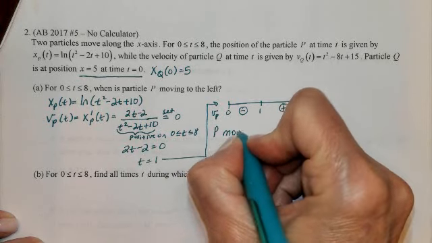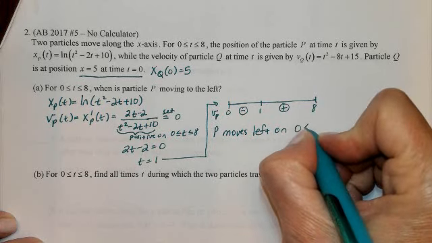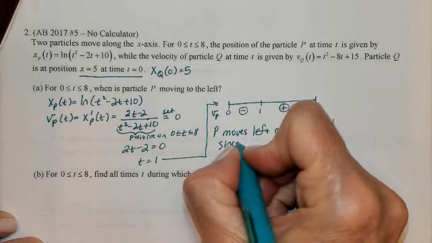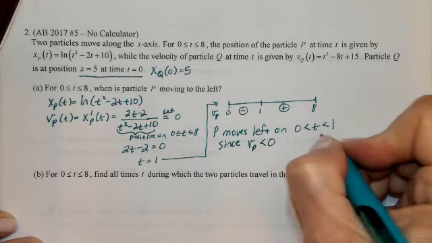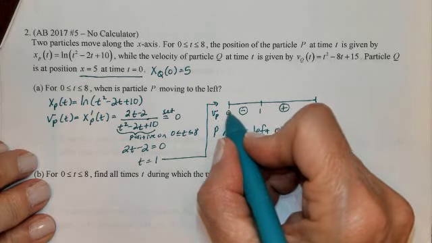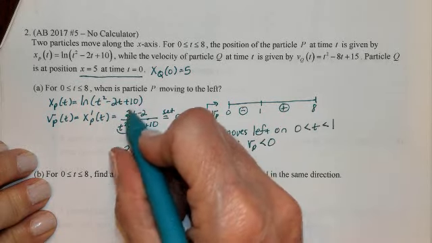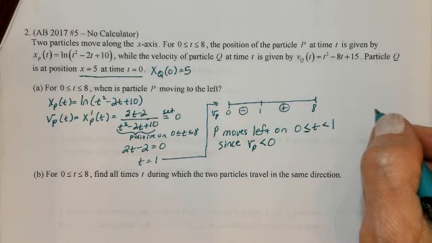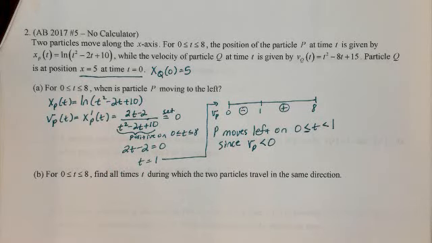P moves left on 0 to 1 since v sub p is less than 0 there. Okay, and actually it should include 0, because even if I put 0 in for t, I'll still get a negative. So I'm going to include 0 there. Okay, because they told me to include 0.